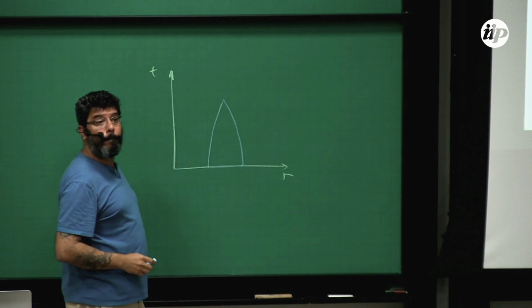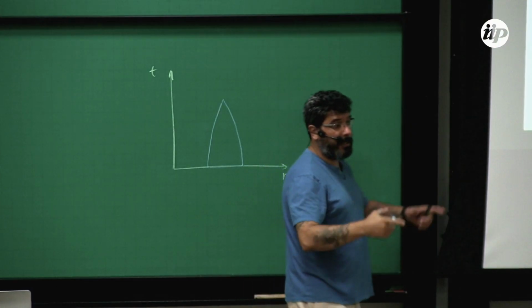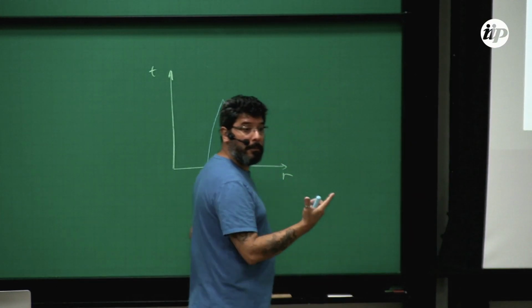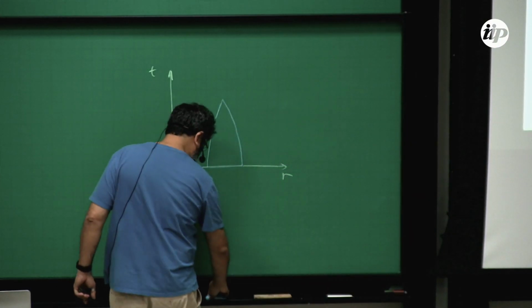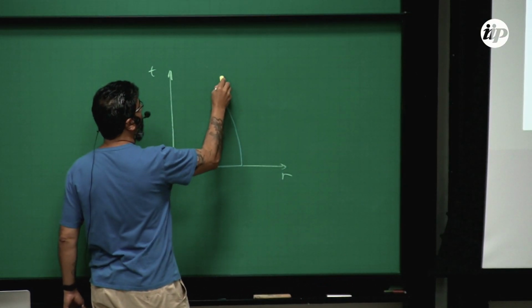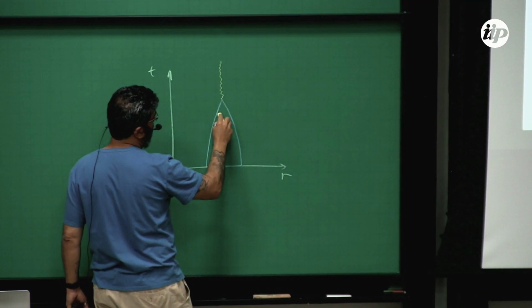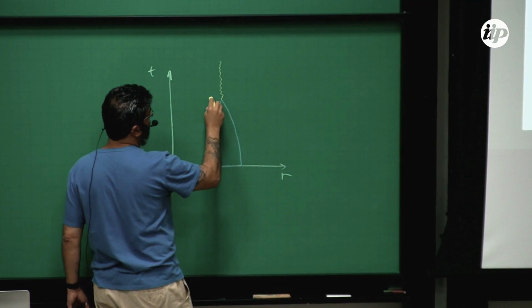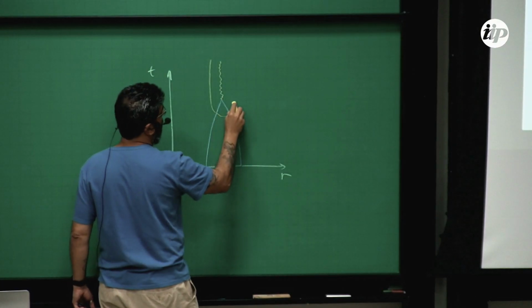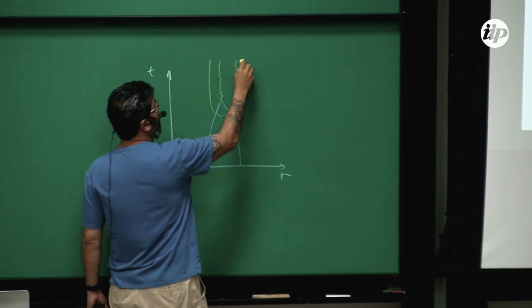It's just the radius collapsing. This way, the coordinate radius is decreasing. But at a certain point, this is the singularity. So at a certain point, something happens, and what happens is that this is the event horizon.